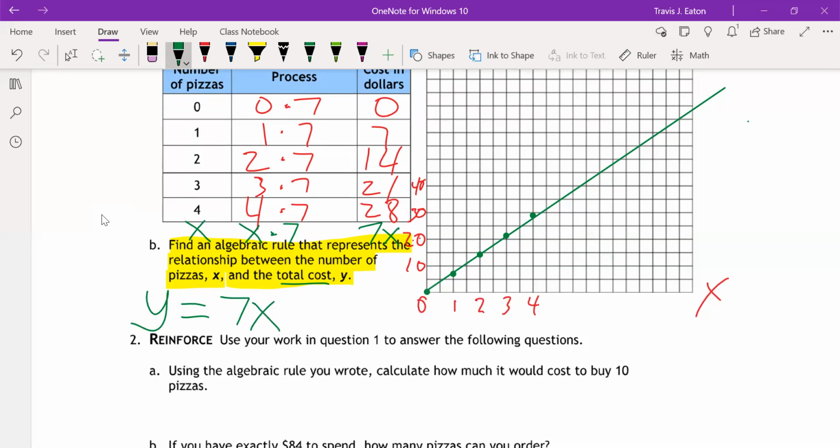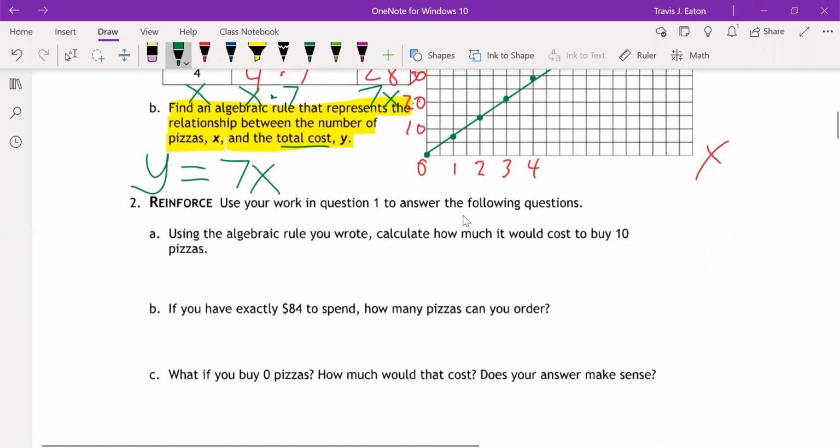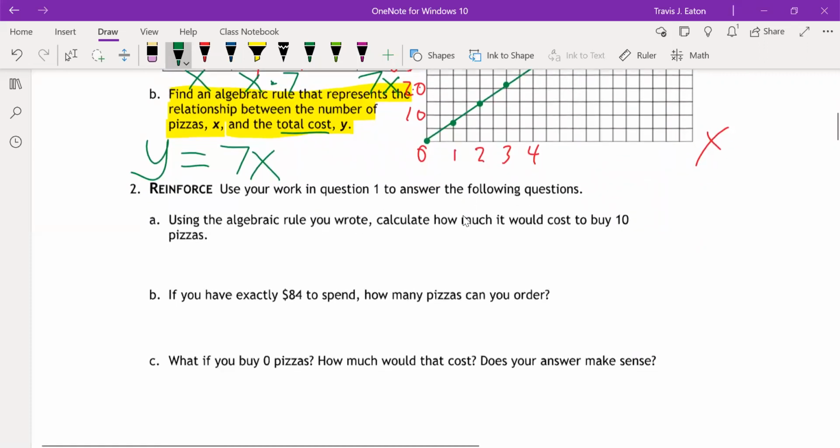See how easy that was? Piece of cake. Easy peasy lemon squeezy. All right. So we've filled out the table, we've graphed the data, and now we have written the algebraic rule. So now we can use that rule and our information to do oh so much more.